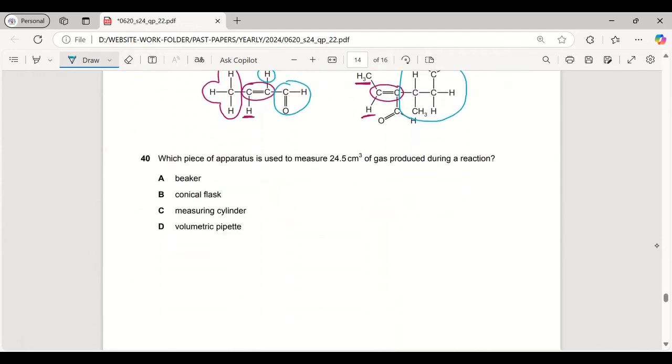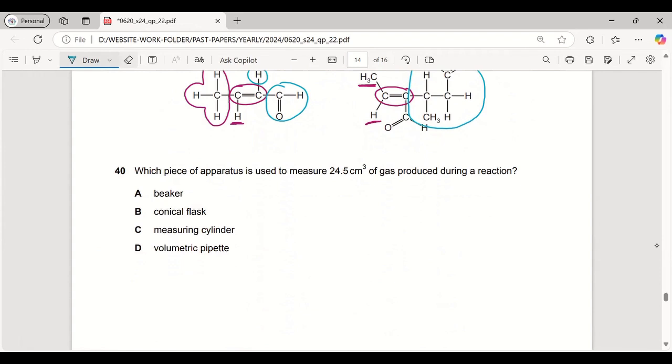Next question. Which piece of apparatus is used to measure 24.5 centimeter cube of gas produced during a reaction? So 24.5 centimeter cube, it's a fixed volume. For a fixed volume, we can either use a pipette or a measuring cylinder.